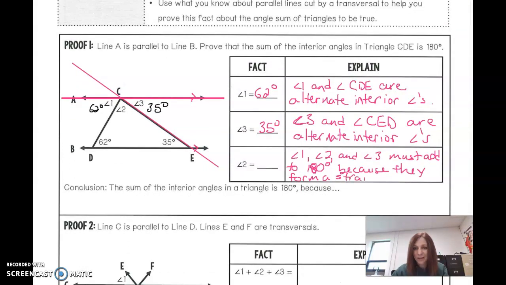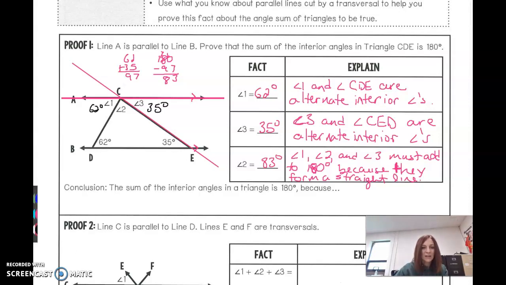Hopefully you can read that. So we can figure that out. If I add 62 plus 35, that's 97. If I go 180 minus 97, that would be 83. 17 minus 9 is 83.